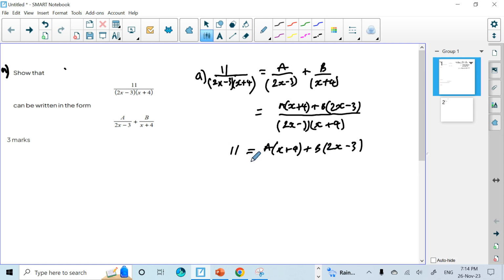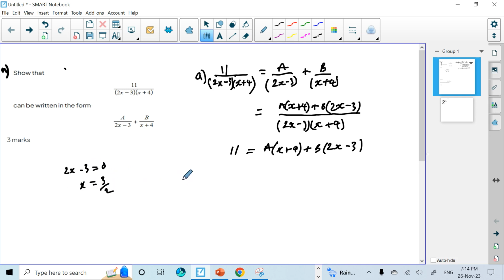Now we substitute values. Well, that gives us 2x minus 3 equals 0, which implies that x is equal to 3 over 2. So I can substitute that in.